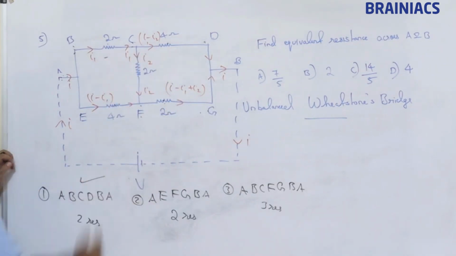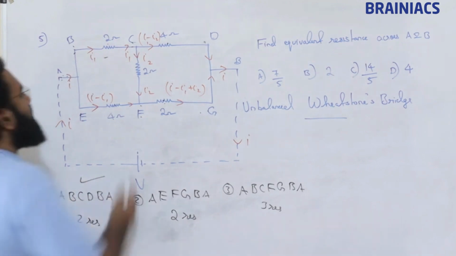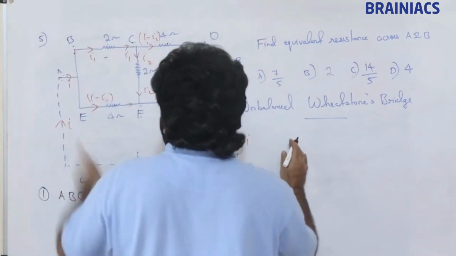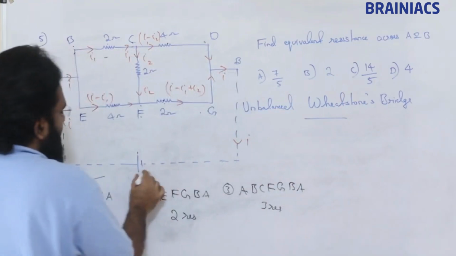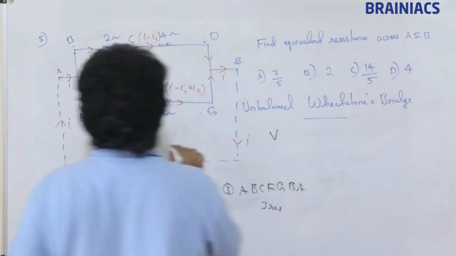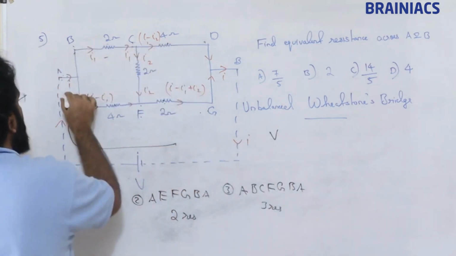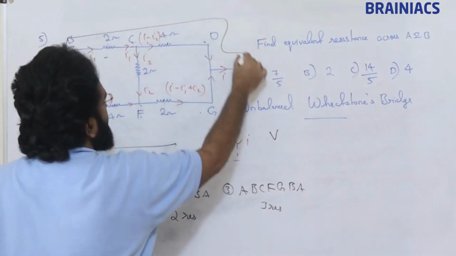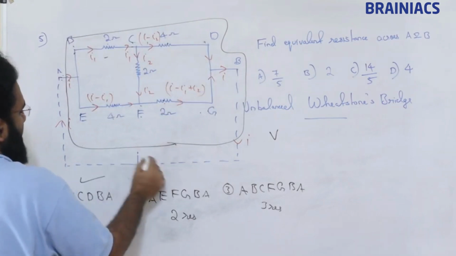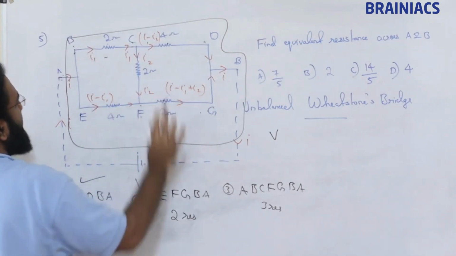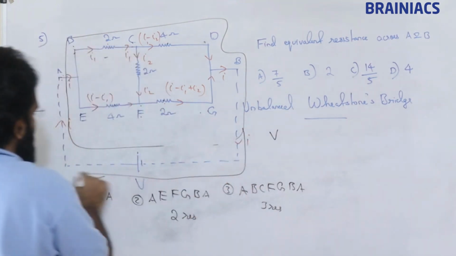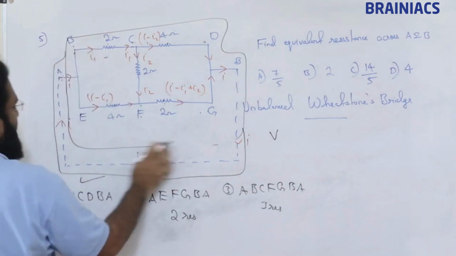So I am choosing this loop, A, B, C, D, B, A. If we take this loop, then applying KVL, this is going to be plus V in this direction.